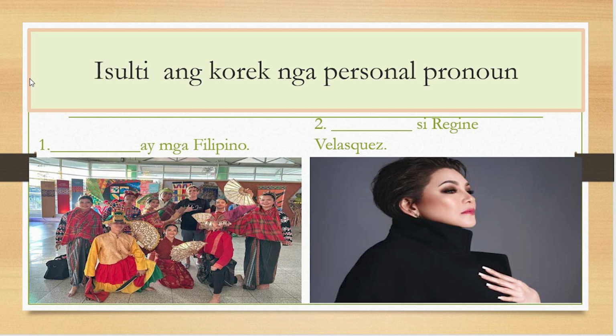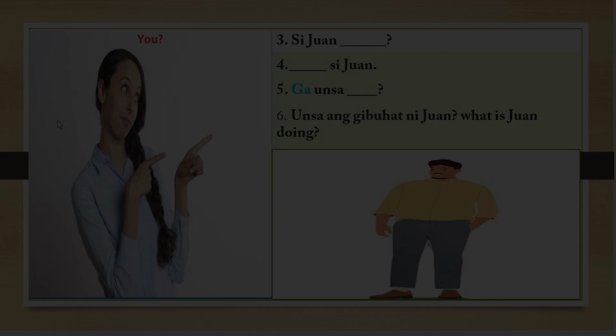So, this is third person. Number one is third person plural. Number two is third person singular.